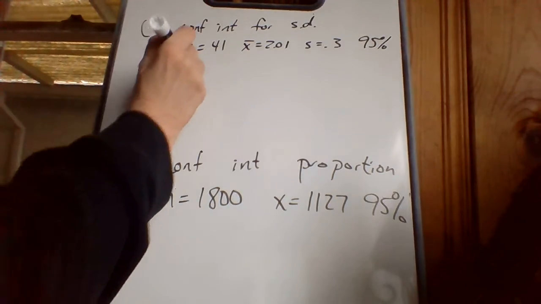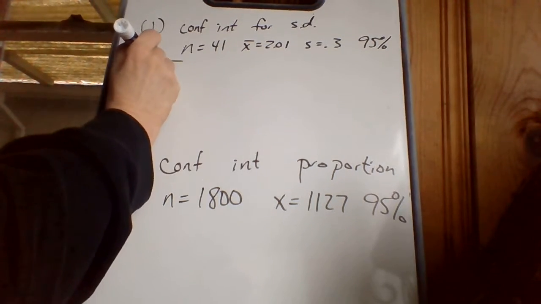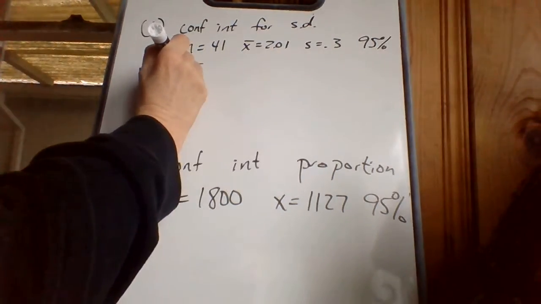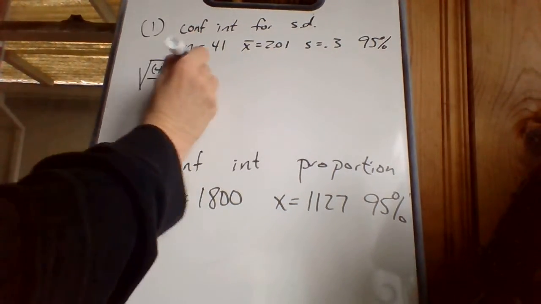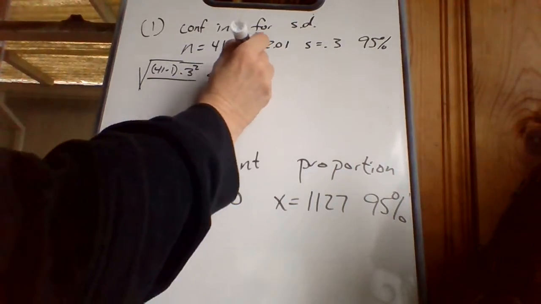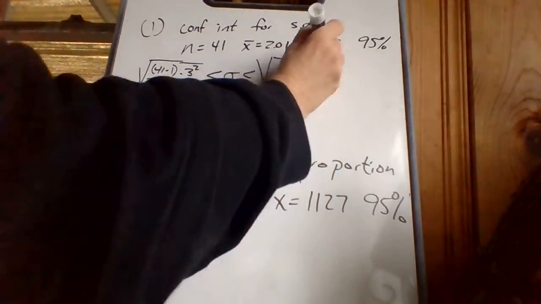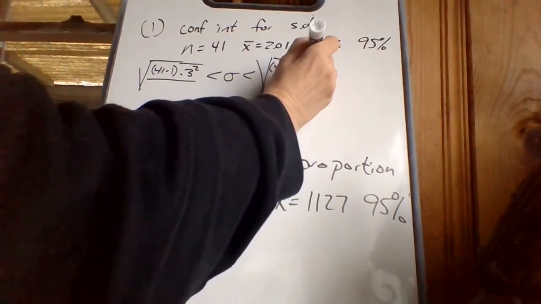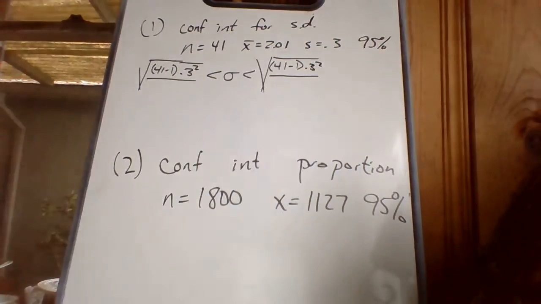Square root of n minus 1 and standard deviation squared, okay, and I don't do anything with x bar. And now I go to the chart.